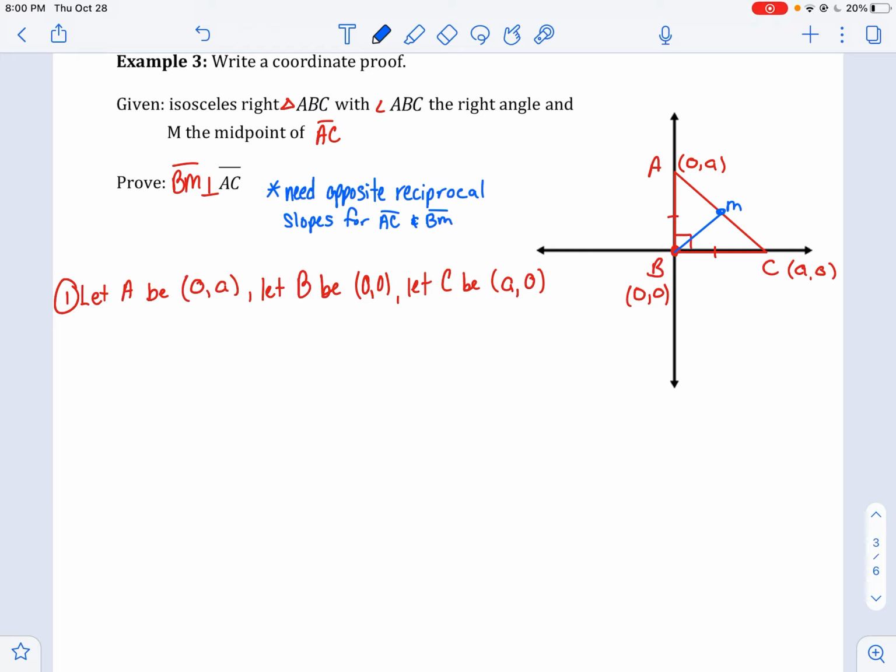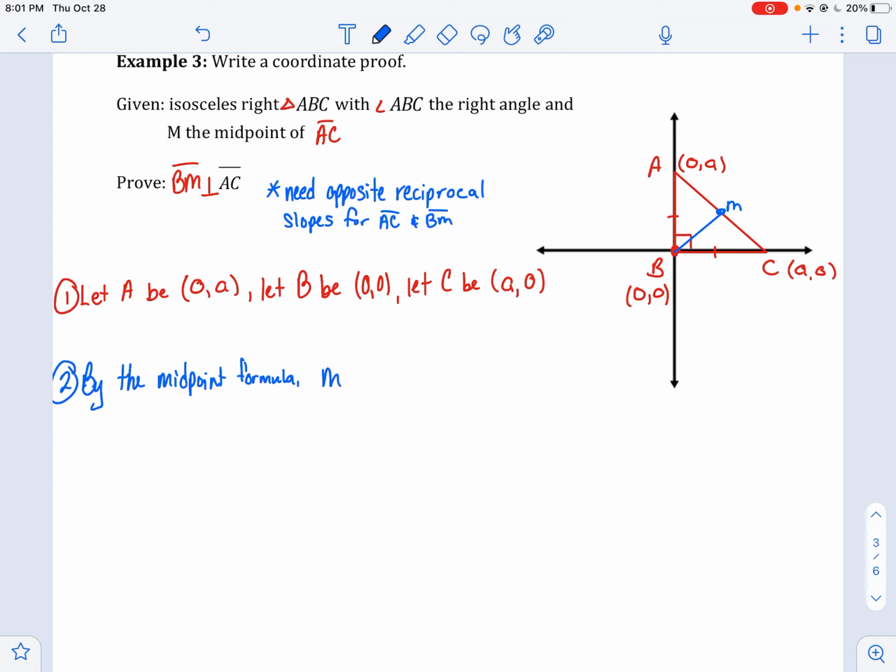So I need to understand first how to find M. By the midpoint formula, I need to know what the midpoint formula is, and I need to know how to use it to find the midpoint of AC.